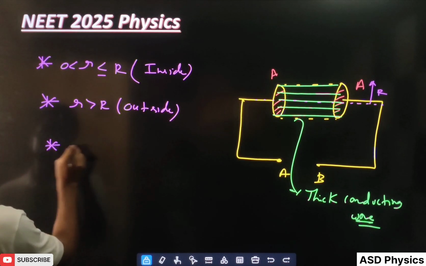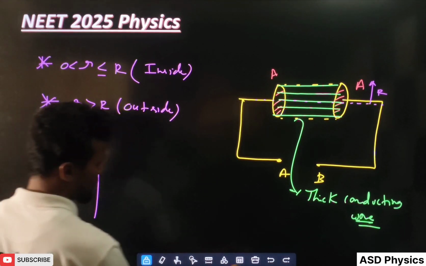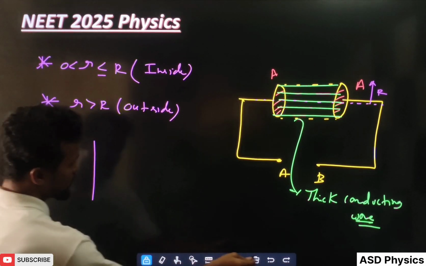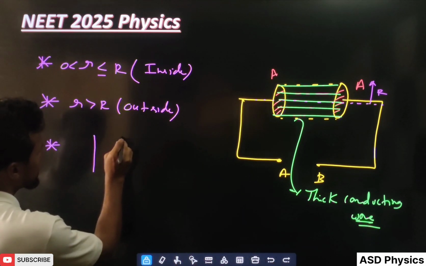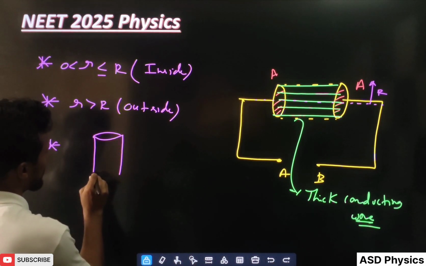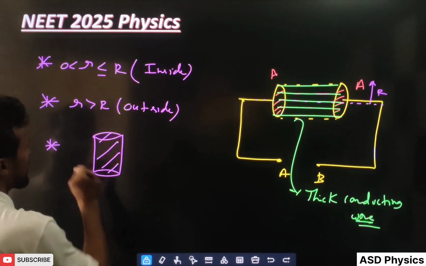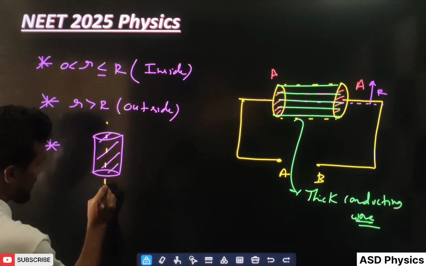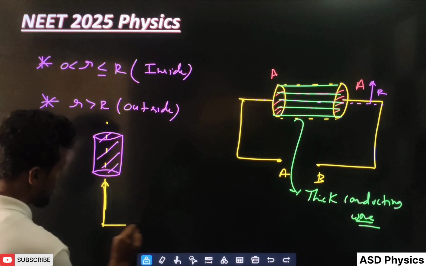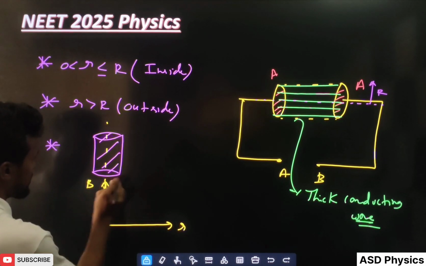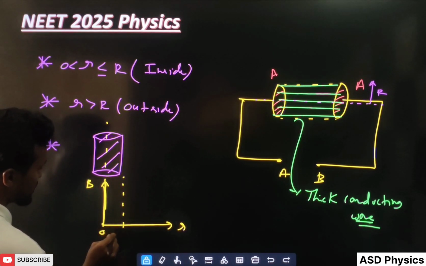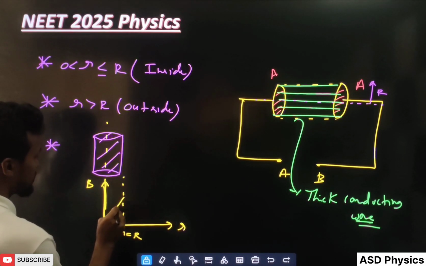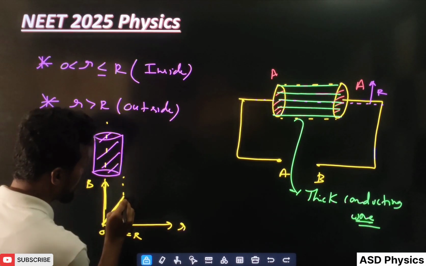So if I draw the diagram, what does it look like? Kindly see very well, students. If this is a thick wire, I'm just drawing it for your basic understanding. If this is the center, this is R, this is B. So this is for r smaller than or equal to capital R. From the center to the surface it will increase and after that it will decrease.